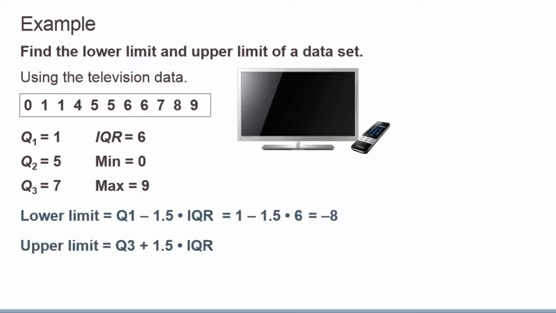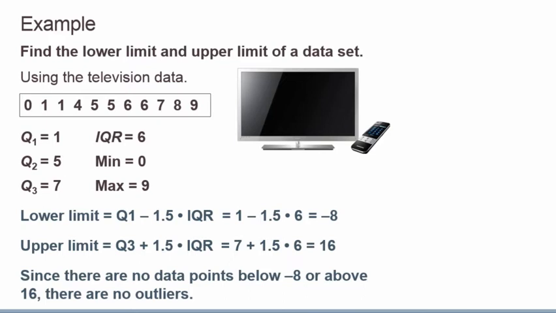Our upper limit is Q3 plus 1.5 times the IQR. Substituting, we have 7 plus 1.5 times 6, which gives us 16. Since there are no data points below -8 or above 16, there are no outliers.